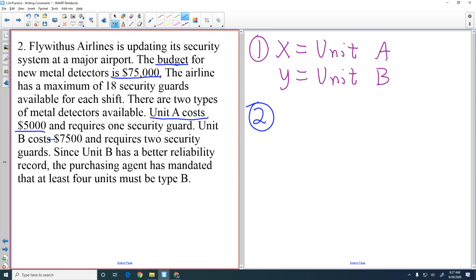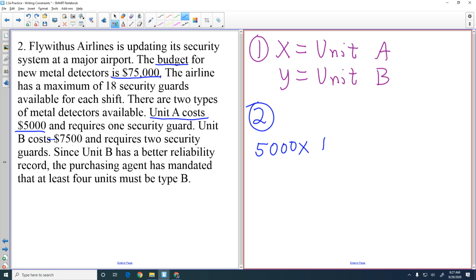So what we would do to write that is start by saying 5,000 for unit A. And if we look at our defined variables, unit A was an X. So for example, if we purchased 4 unit A's, I would take that $5,000 times 4, and that would be how much money we're spending on the unit A models, right? It's $5,000 for every one of those that we buy. So we represent that mathematically by writing 5,000x, $5,000 times however many we buy.